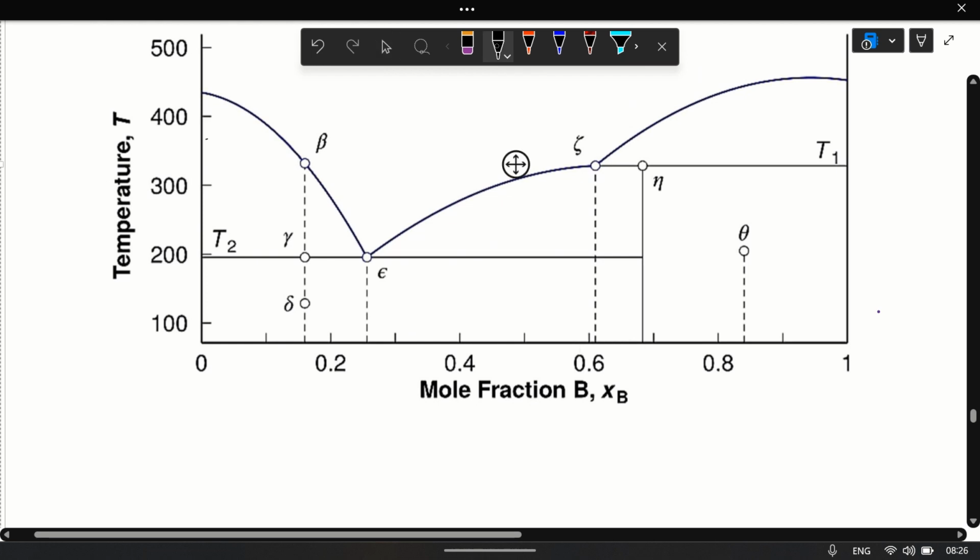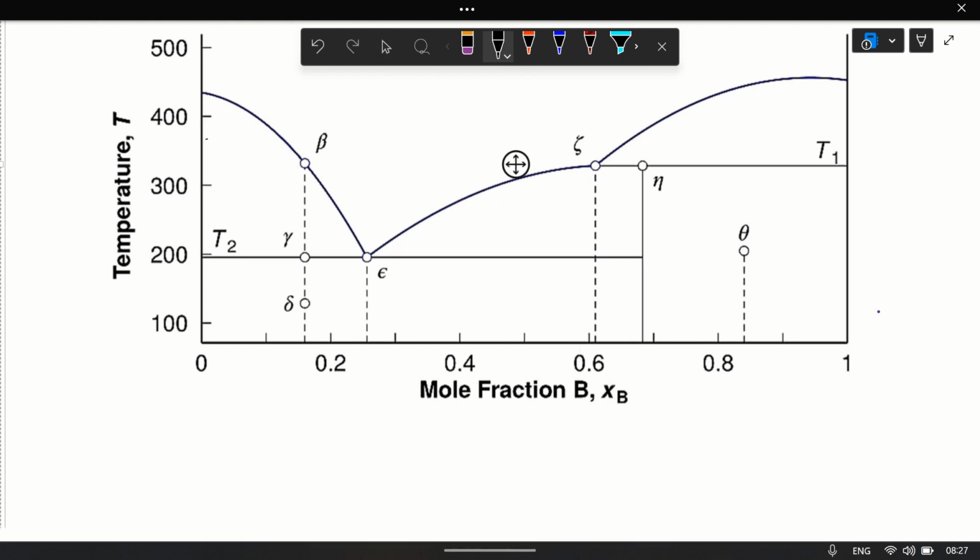Well, the composition is here at epsilon. So it's roughly, what would we say there? So that's 0.3 there. So that's what, 0.26. So XB equals 0.26, and the temperature, let's say that's about T approximately 195 degrees Celsius.